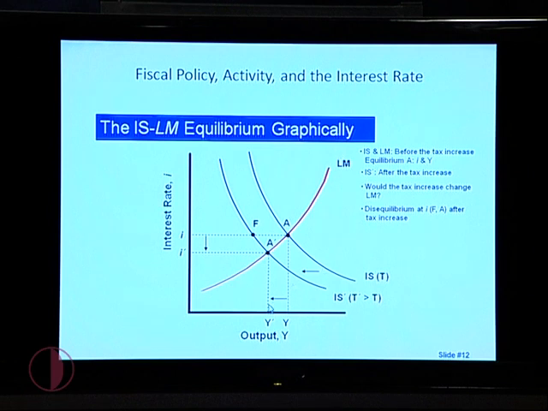No. Interest rate decreases and output decreases. This is the new equilibrium after the tax increase, I prime, Y prime. The fiscal contraction lowered interest rate and output.